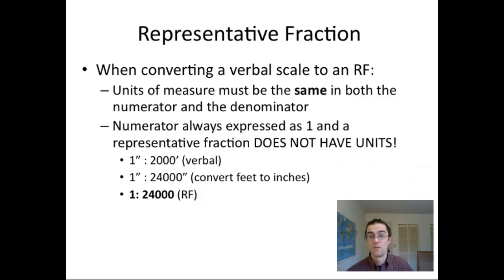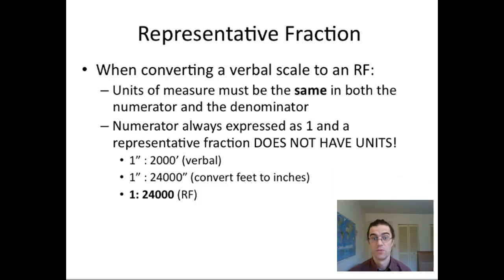To continue on with representative fraction, when converting a verbal scale to a representative fraction, we want to remember here that units of measure must be the same on both the numerator and the denominator. Okay, numerator always expressed as 1, and the representative fraction does not have units. Okay, because it's the same on both sides. Right?